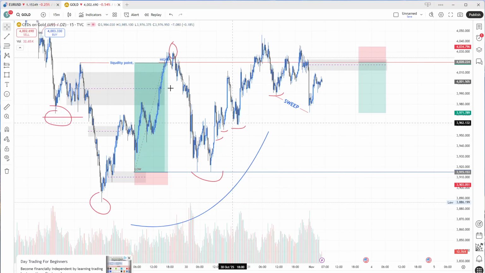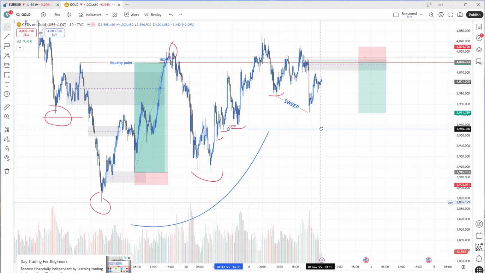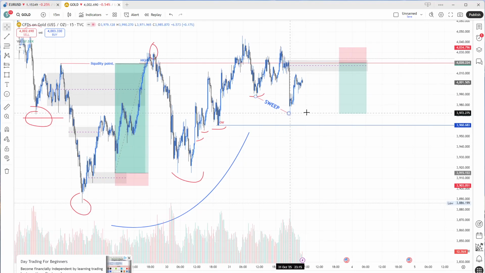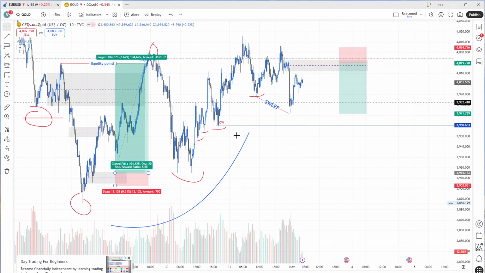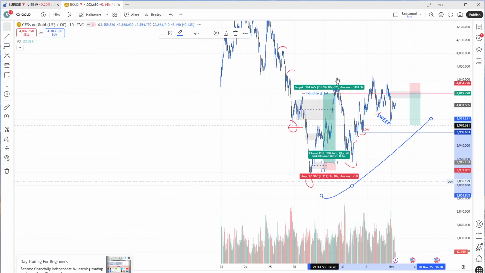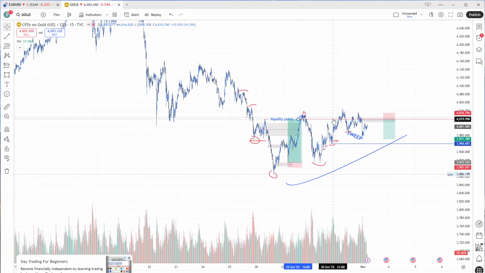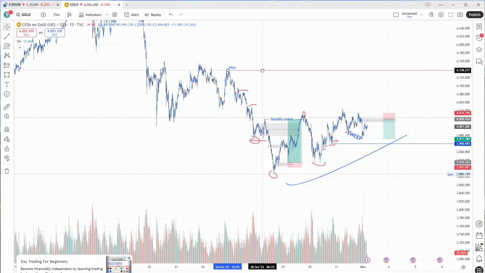But then again, I'm still hoping this low will be intact. So maybe it sweeps here and then it'll go higher again based on this analysis that we have, right? And if this fails, then this is going to be our target.